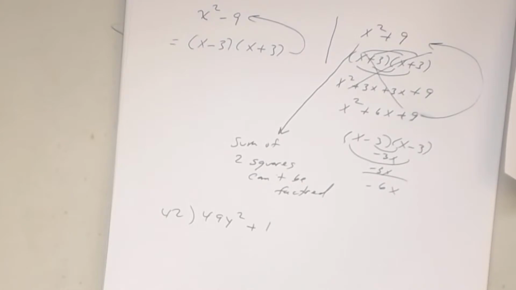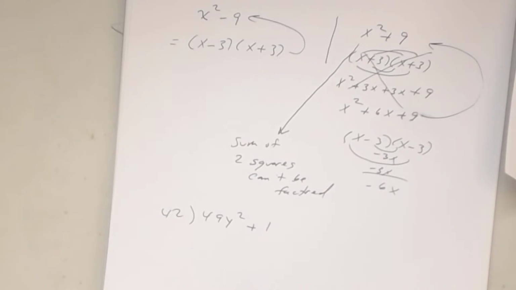Now notice, how many terms do you see? 2. What's the middle sign? Plus, so addition. So you want to see, is this the sum of 2 squares? You're not going to say difference, because this is not subtraction, this is what? Addition. So then you want to ask yourself, all right, is it the sum of 2 squares? If it is, it's prime, cannot be factored.